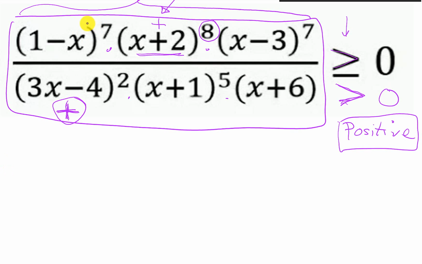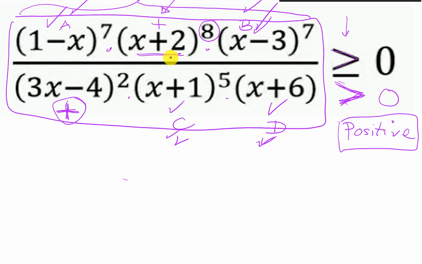What about this, and this? To study the case where this is greater than 0, I prefer to study all the critical points of these expressions that I'm going to call A, B, C, D. The other ones, as I said, are always 0 or positive.